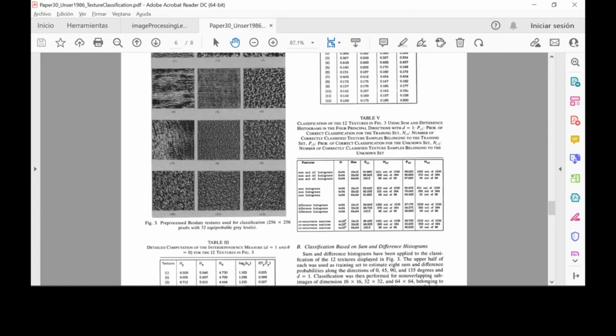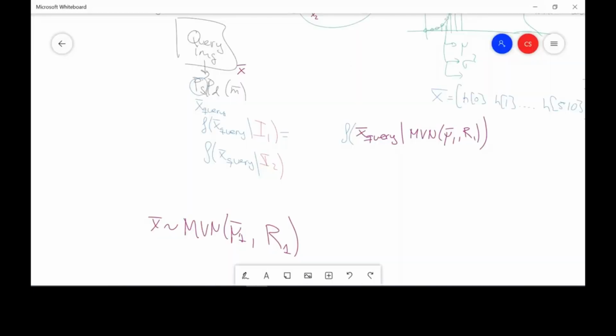So this is classifying those textures using the sum and difference histogram, using these directions, and this is the probability of correct classification for the training set. Typically when you have a data set, you split it into parts, one for training, another one for testing.